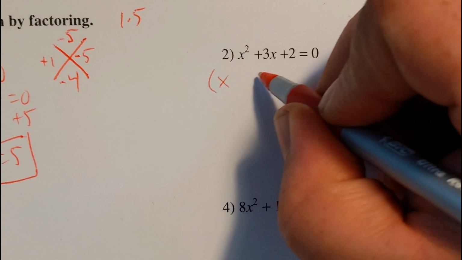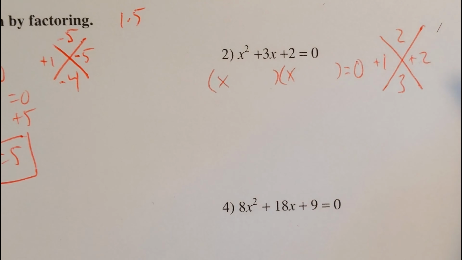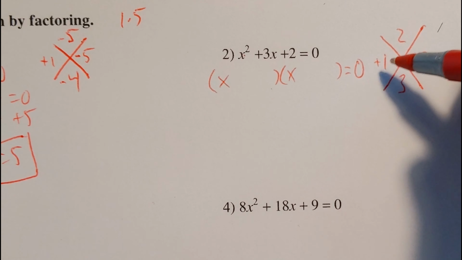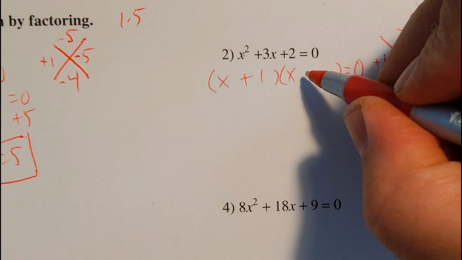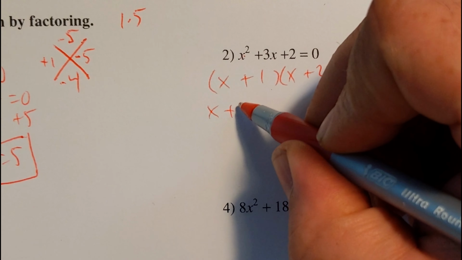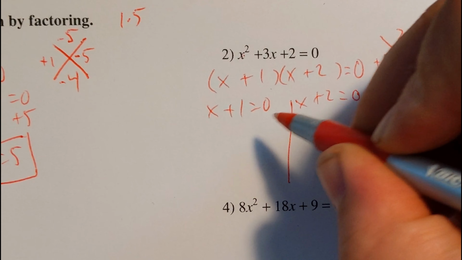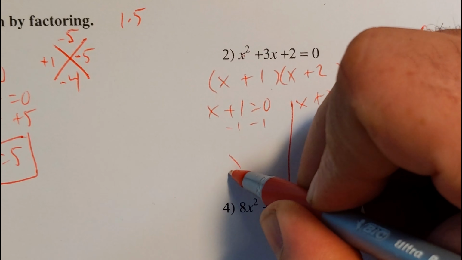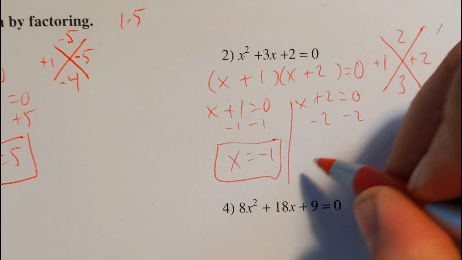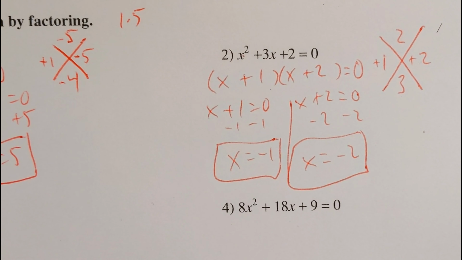You're going to put x on both of these binomials, because that's the number here, and then you're going to put plus 1 and plus 2, and then make each one equal to 0. Over here, subtract 1, x is negative 1. On the other part, subtract 2, x is negative 2. There's your two answers.